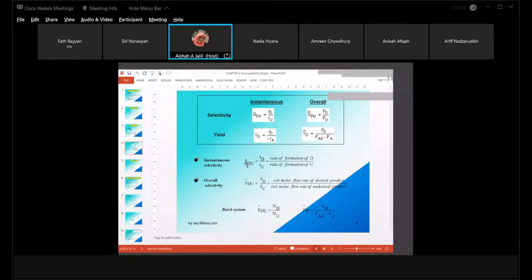Okay, instantaneous selectivity SDU is the same: RD over RU, rate of formation of D over rate of formation of U. And then the overall selectivity is the exit molar flow rate of desired product over the exit molar flow rate of undesired product.